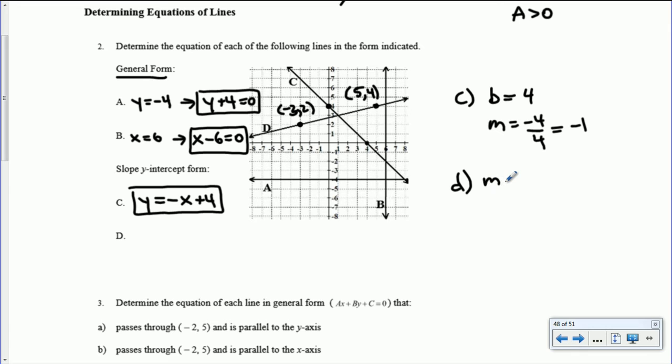Okay, so we can find the slope here. y2 minus y1, so 4 minus 2, divided by x2 minus x1, so 5 subtract negative 3. So 4 subtract 2 is 2, 5 subtract negative 3 is positive 8, so that's 1/4.